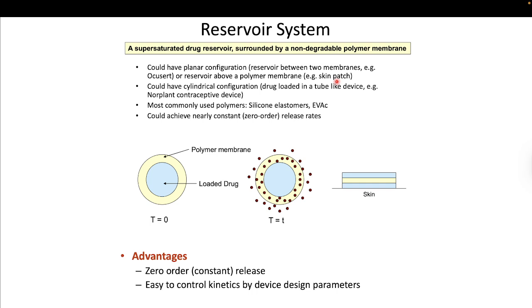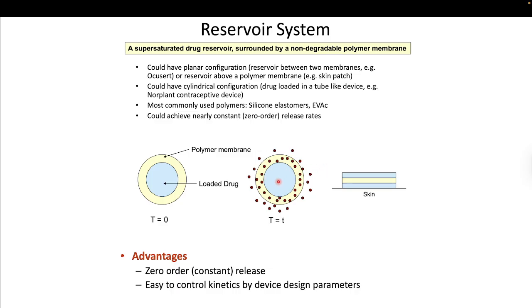So reservoir system is, as I was saying, a supersaturated drug reservoir. There's a drug core, and on top of it, it's surrounded by a non-degradable polymer membrane. The way the drug will be released from this system is because this polymer membrane is porous. With time, because of diffusion, since there is a large amount of drug here, wherever you will be implanting this particular system in a patient's body, the surrounding will have very little drug, right?